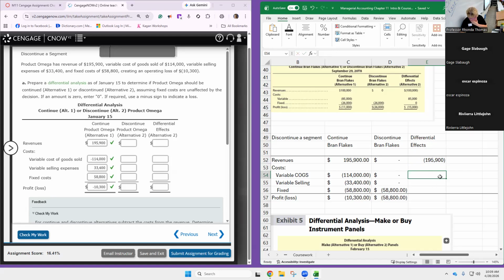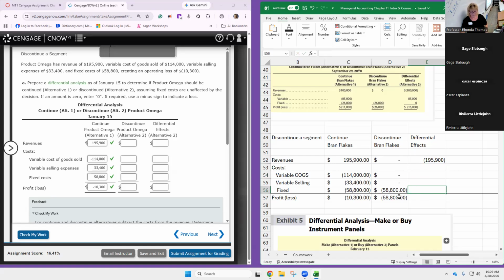Okay, now the thing is, whatever the sign is over here, the opposite sign will go here. So just like getting rid of this revenue, we will also get rid of these variable costs, right? But we won't get rid of what? Fixed. Okay, oh, I'm sorry, there is no difference with fixed.